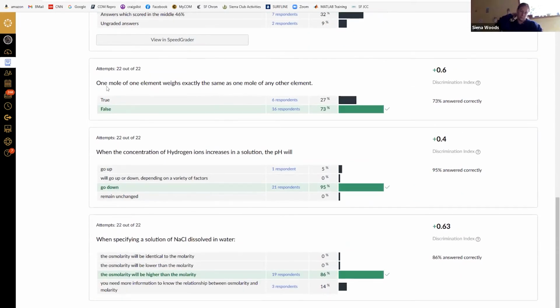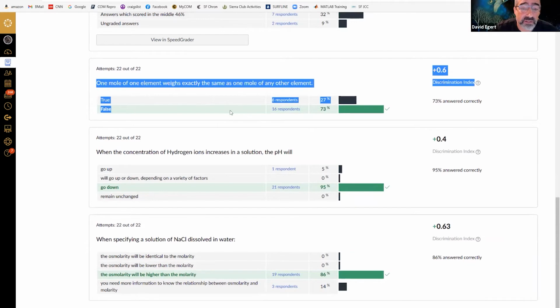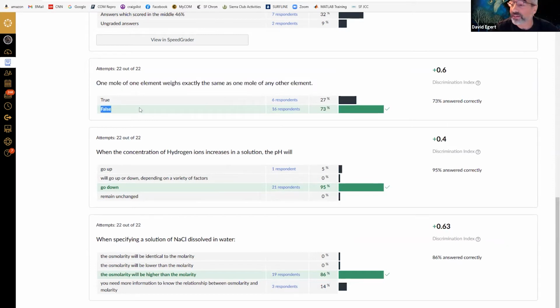This one I was a little bummed. We talked about this a few times now. It's clear that people are still not exactly sure what a mole is. Does 1 mole weigh exactly the same as 1 mole of another element? Most definitely not, right? A mole of hydrogen floats up into the air. A mole of lead is going to break your foot if you drop it on there.